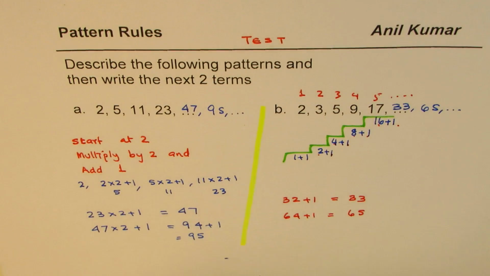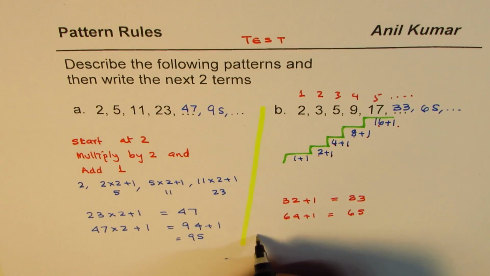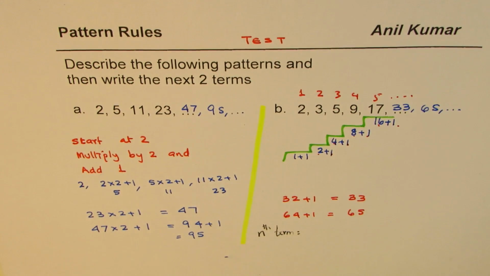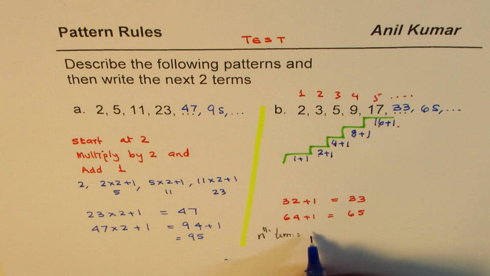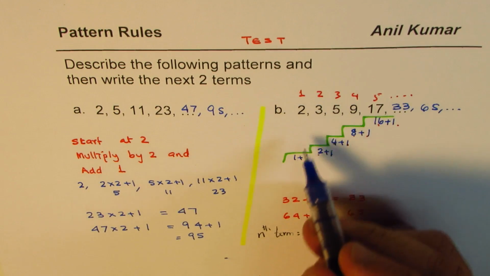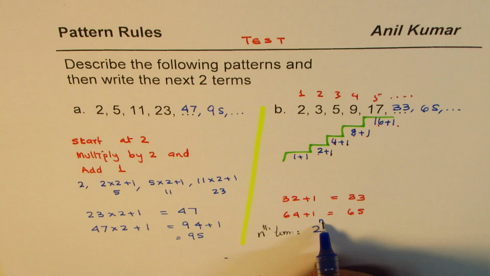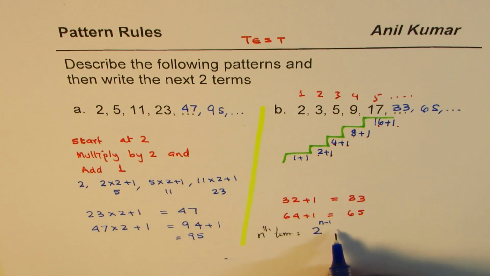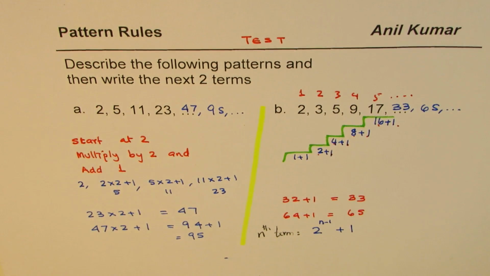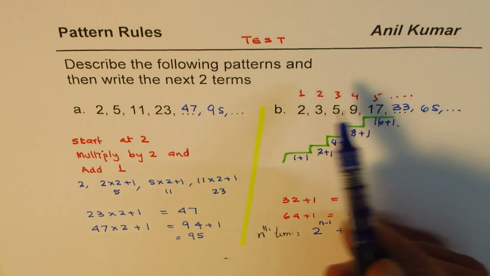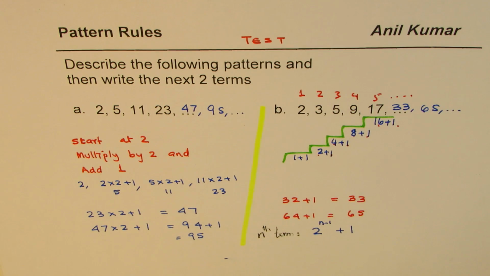So I could write a pattern rule that the nth term is equal to 2 to the power of, first term is 1, right? Second term 2 to the power of 1. So n minus 1, that is 2 to the power of n minus 1 plus 1. That rule will give you all the terms in this particular pattern, right?